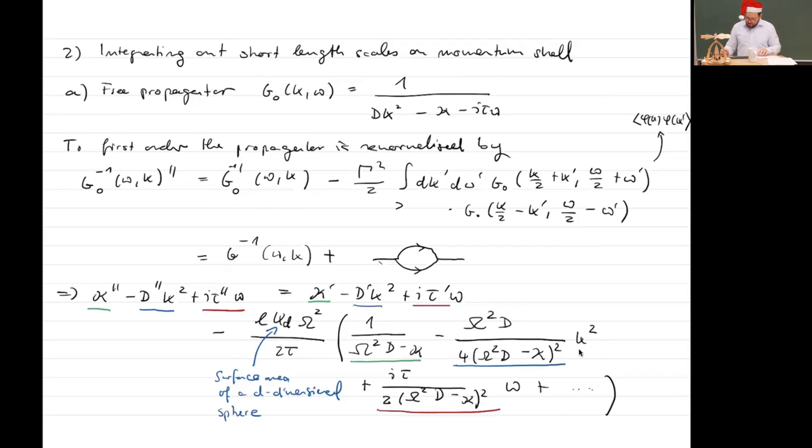Okay, so now we have kappa squared on the left-hand side, and we have terms on the right-hand side that look exactly in structure like the ones on the left-hand side. And now we can compare them one by one, these terms and these two, this one and these two, and get our kappa prime prime, d prime prime, and tau prime prime by comparison to the right-hand side.